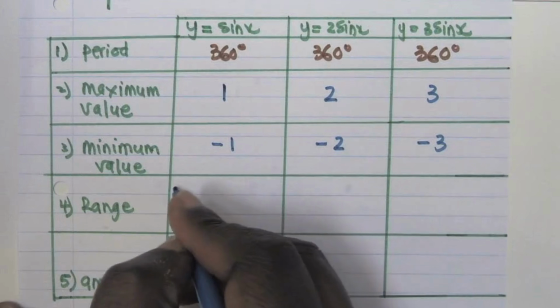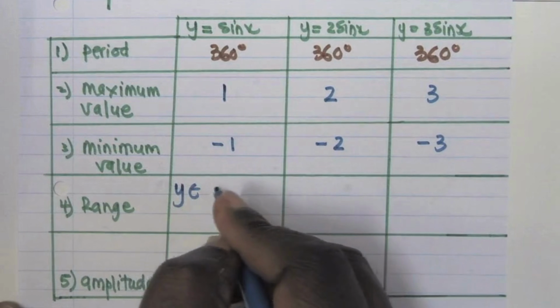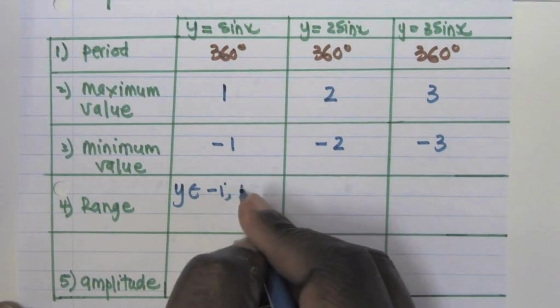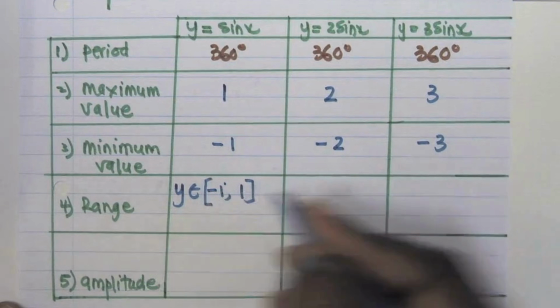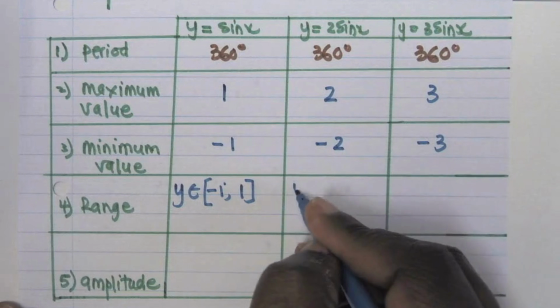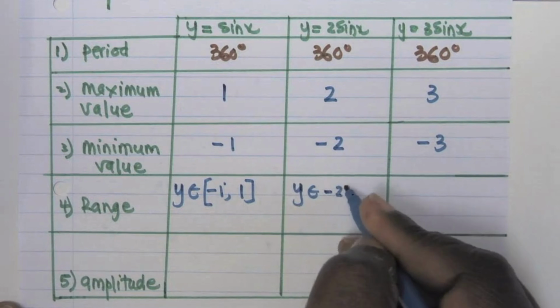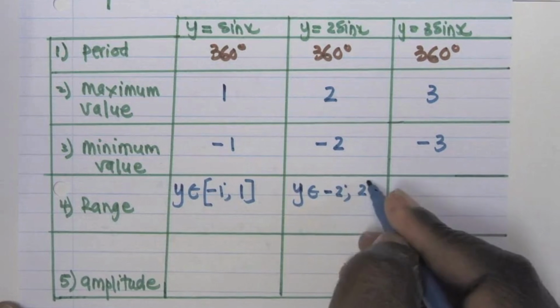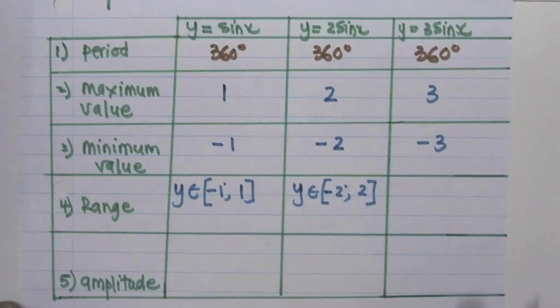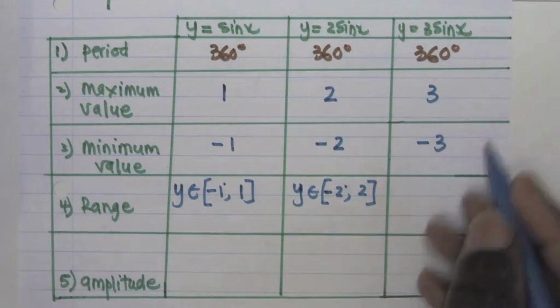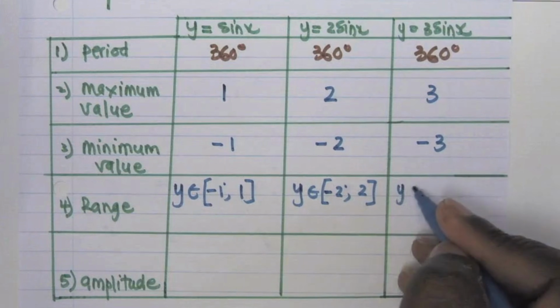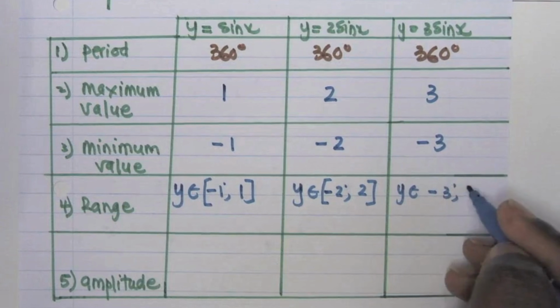So for the first one, I'm going to write here y is an element from -1 to 1. And then the second one, y is an element from -2 to 2. And the last one, it's y is an element from -3 to 3.